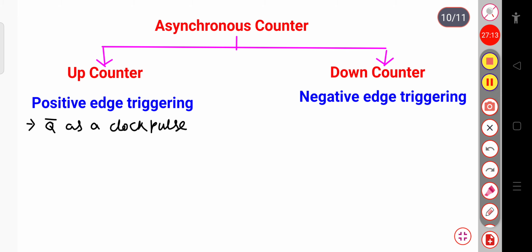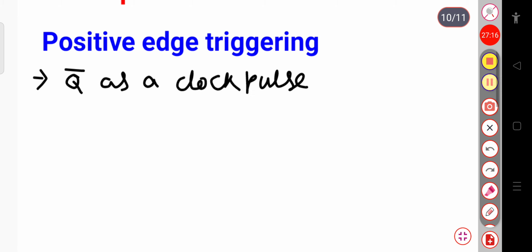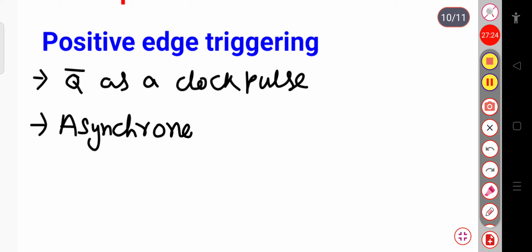This is called asynchronous up counter. I will give an example.